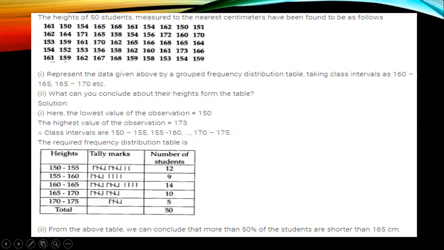If you could see over here, less than 165, we have almost 35 students. 12 plus 9 plus 14, 35 students whose height is shorter than 165 centimeter. So this is a conclusion from this data.